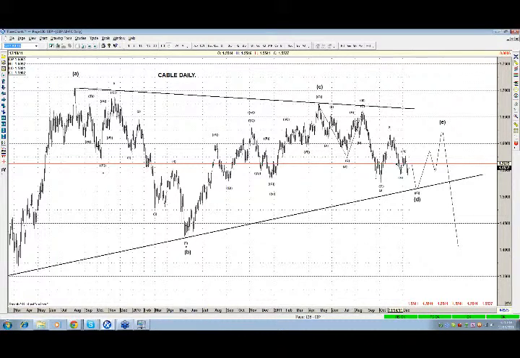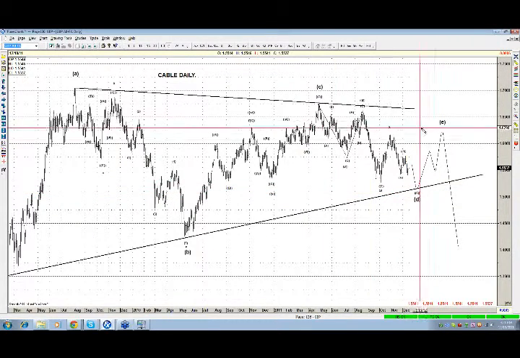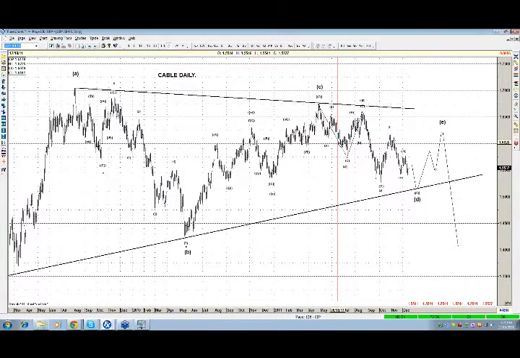You follow me, Rafi? Corrections cannot be 5 swings. Then the triangle is not in place. You follow me? If it's a leading diagonal, the triangle is not in place.